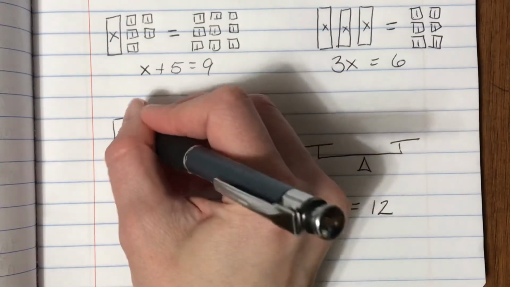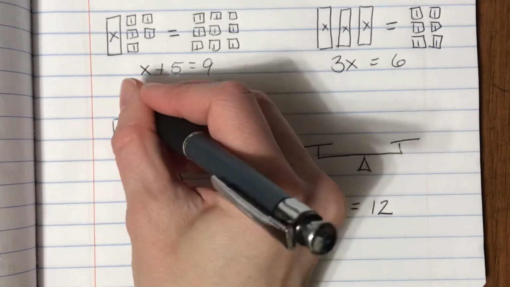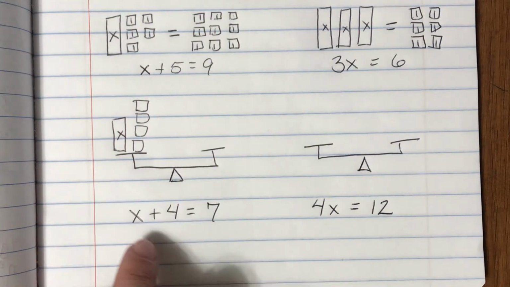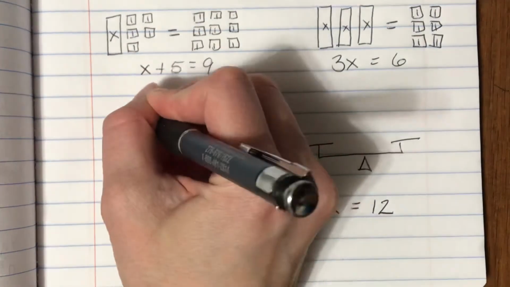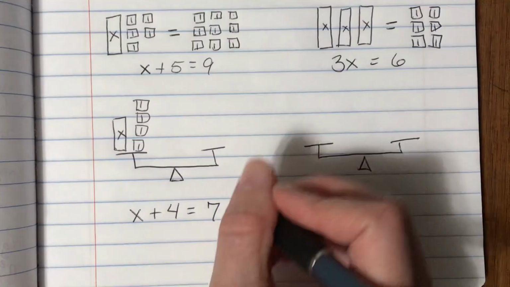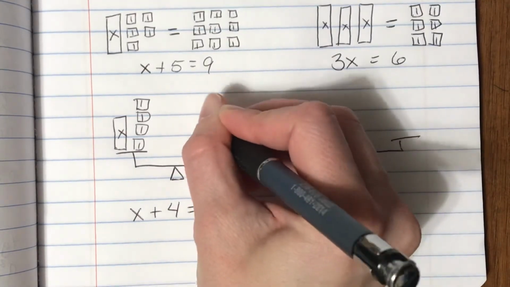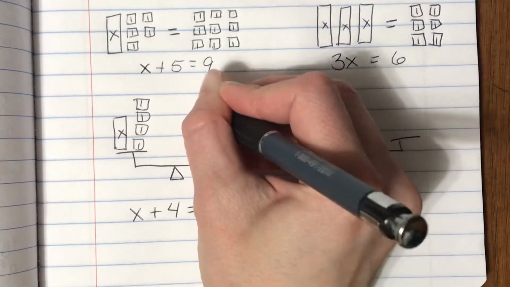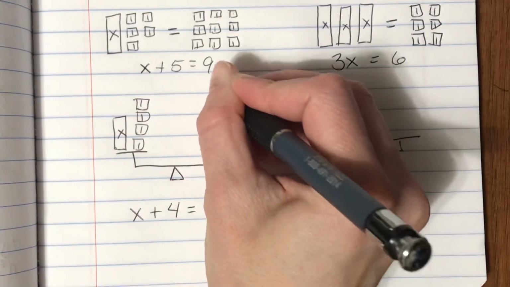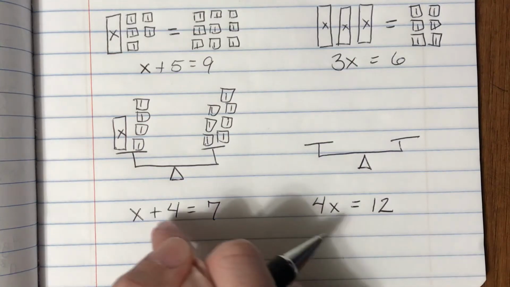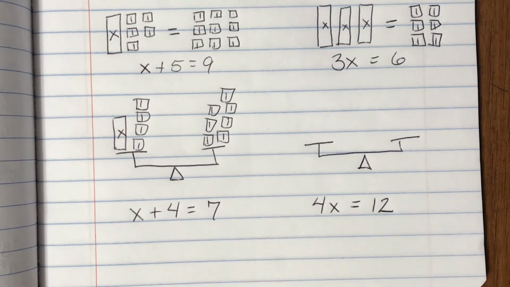I'm going to use squares. 1, 2, 3, 4. So that is what is sitting on this side of the balance, an X plus 4 objects. You could even put a 1 in there if it makes you feel better. And then on this side, we're going to end up with 7 objects. So 1, 2, 3, 4, 5, 6, 7. And that is what the balance or the picture model for x plus 4 equal to 7 is going to look like.